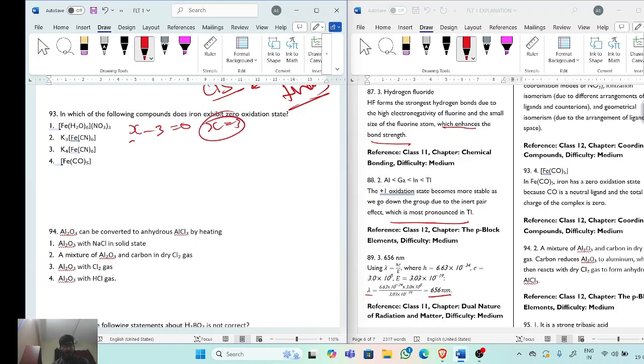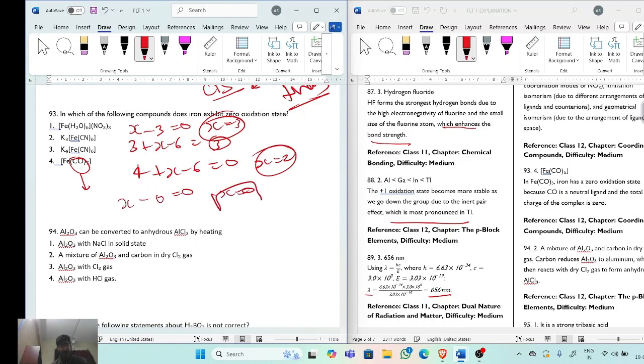In option number 2, 3 plus X minus 6, so here it is also in +3 oxidation state. In option number 3, 4 plus X minus 6 is equal to 0, meaning X is equal to 2, so iron is in +2 oxidation state. But in option number 4, the oxidation number of CO will be 0. So X minus 0 will be equal to 0, meaning X equals 0. So the oxidation state will be 0 in case of option number 4.